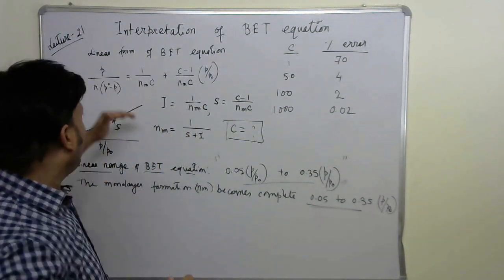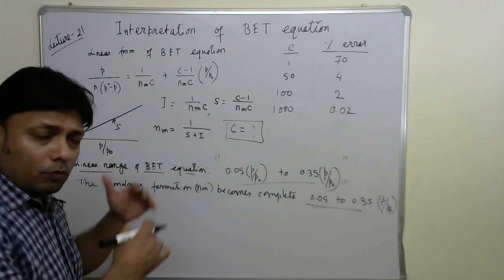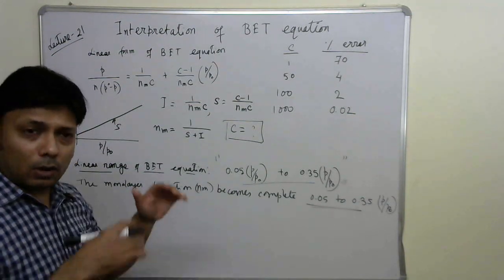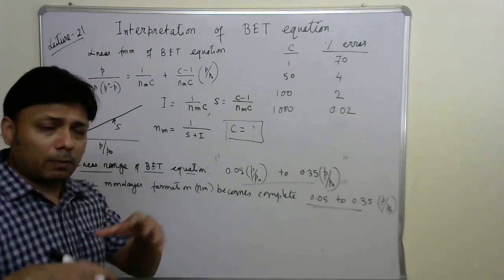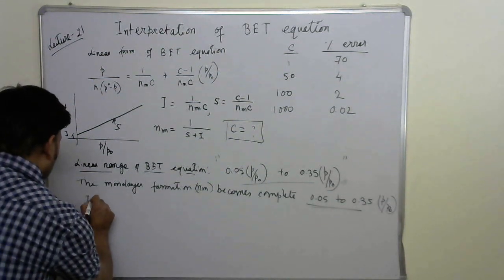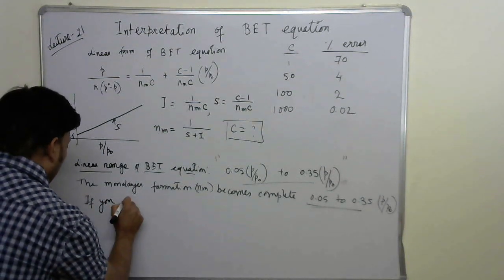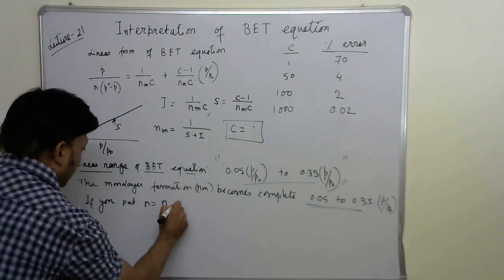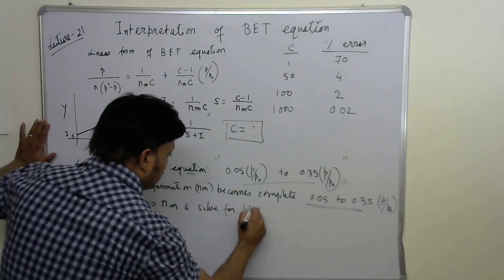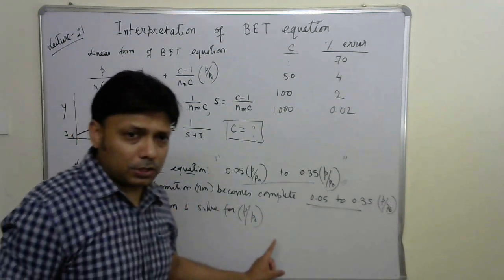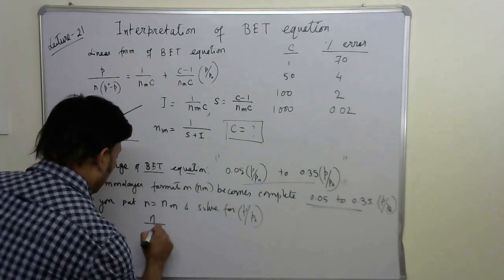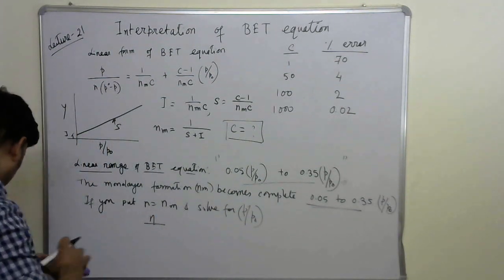How? Now you recollect the original BET equation, n over nm is equal to C multiplied by P by P naught, whole divided by 1 minus P by P naught, multiplied by etc. In that equation, if you put n equal to nm and try to solve for P by P naught, that means we are trying to find at what P by P0 value n becomes equal to nm.